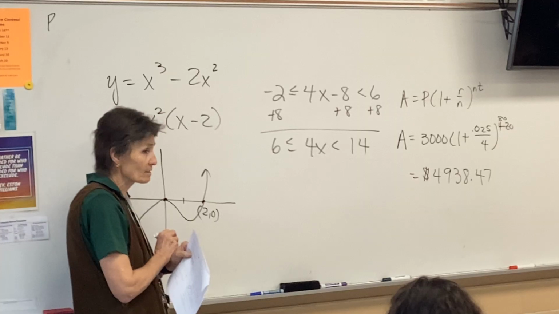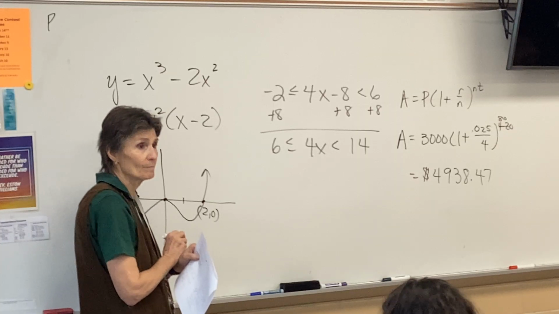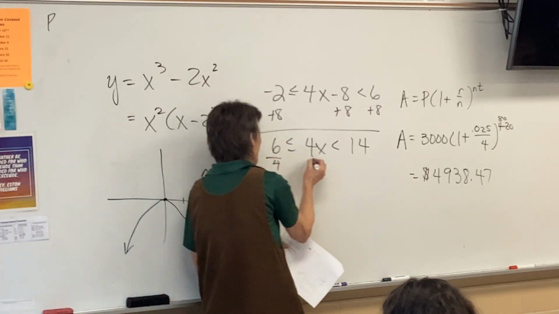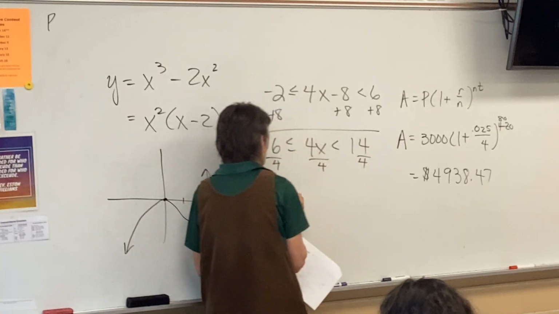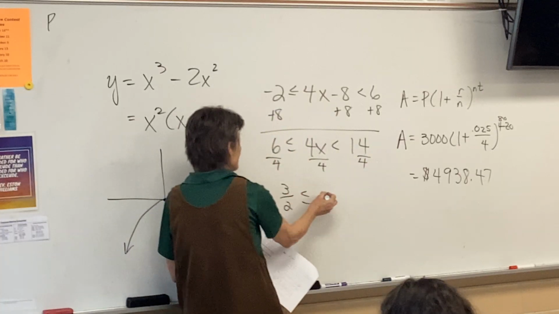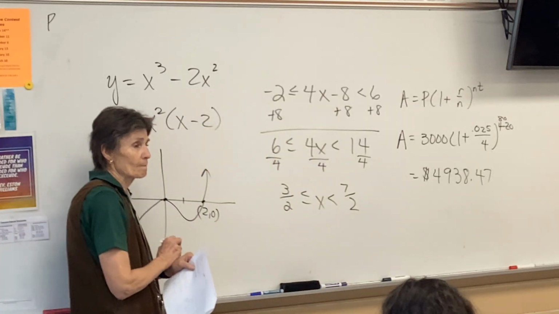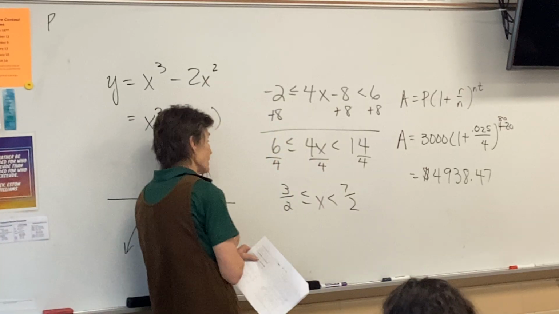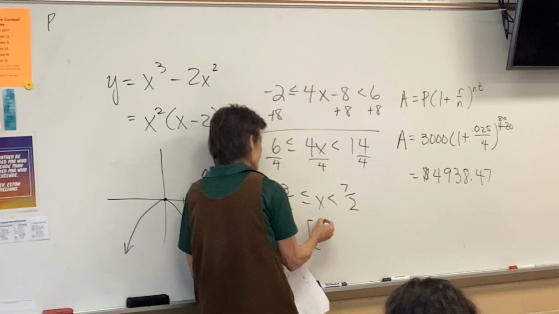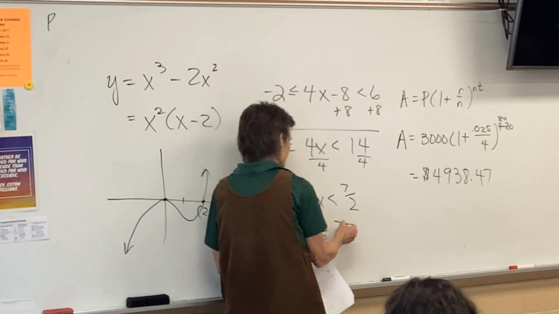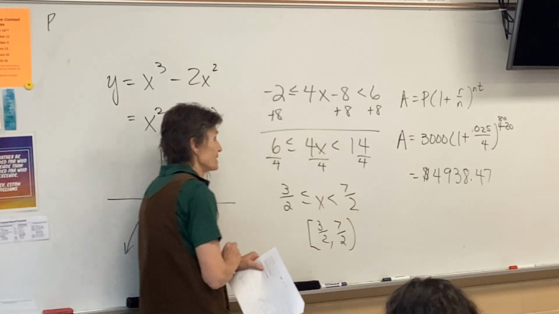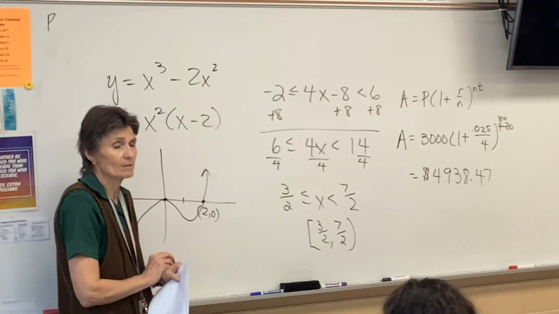And then to get x by itself, we need to divide by 4 all the pieces of the problem. So 3 halves, x, and 7 halves. We always write our answers in interval notation, so we'll have a bracket at 3 halves and a parentheses at 7 halves.